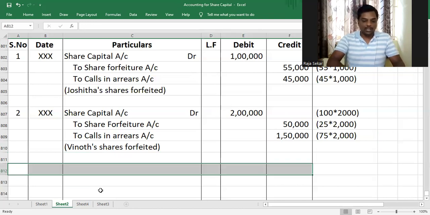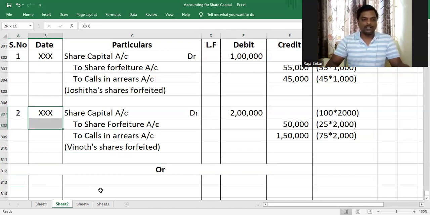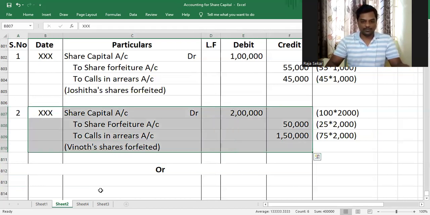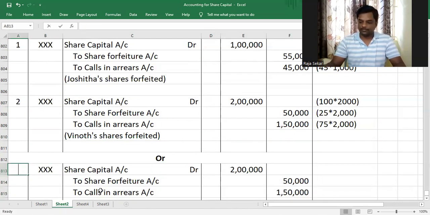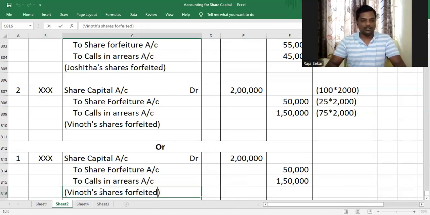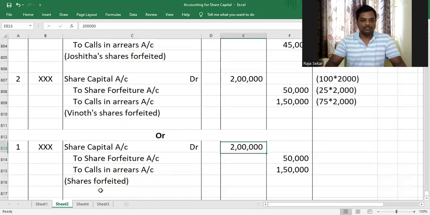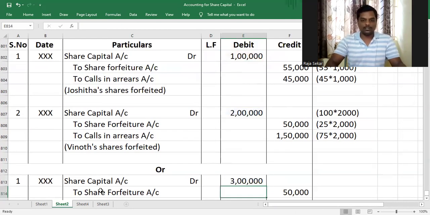Right, my dear children? Now, in case you have to do it as a single entry, then what can you do? It's not very complicated. You just pass the same journal entry. The amount you write for both Vinod and Joshita, understood? Add them up and write. That's all. 2 lakh plus 1 lakh.